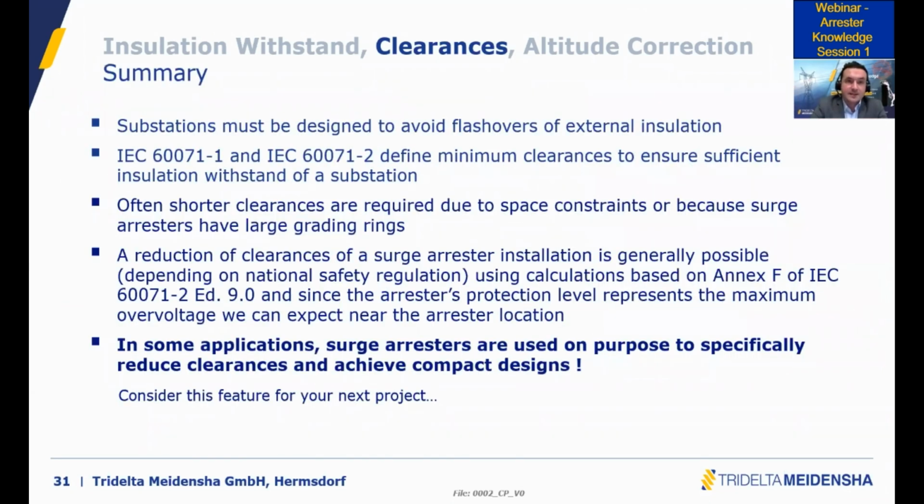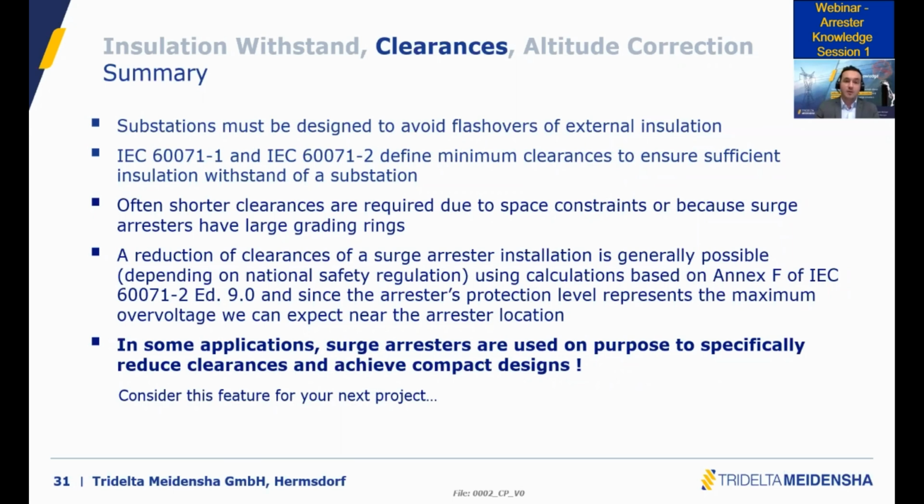So, summary for the clearances topic. Substations must be designed to avoid flashovers of external insulation. The IEC 671-1 and -2 define those minimum clearances to ensure sufficient insulation withstand, and in general with a significant safety margin.